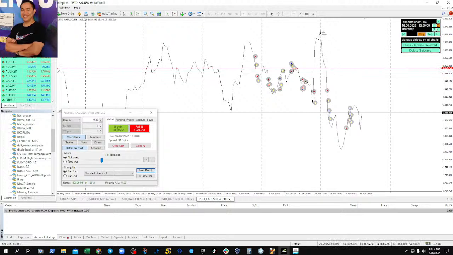Okay, next one. Resistance level, SNR level here, and then here this is a QM. Price is going to continue at least to this level.